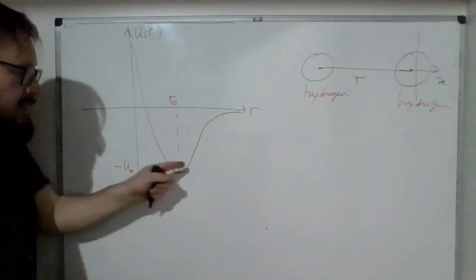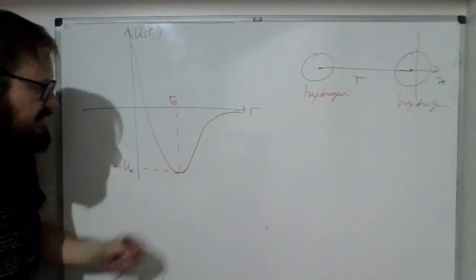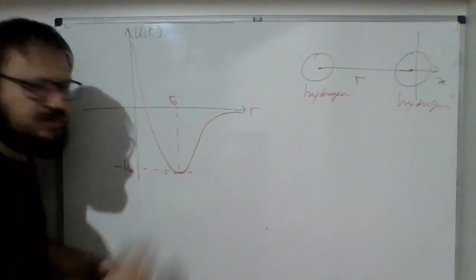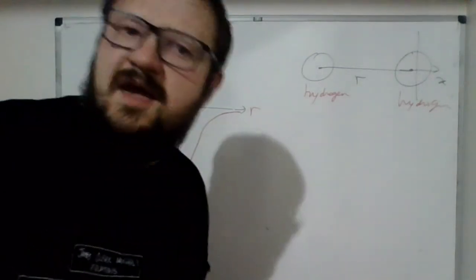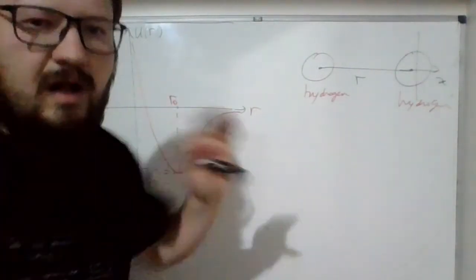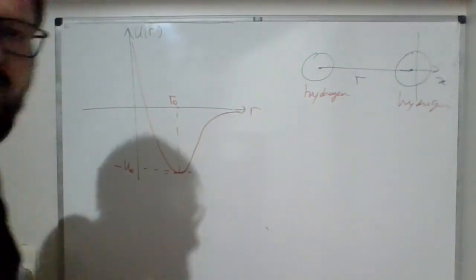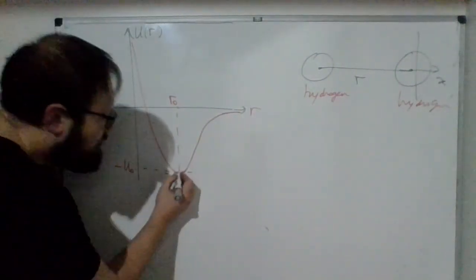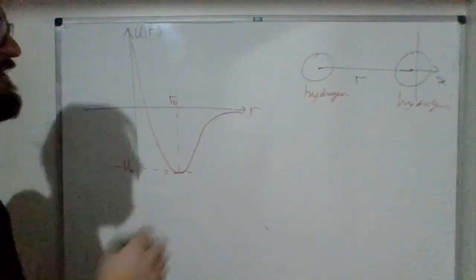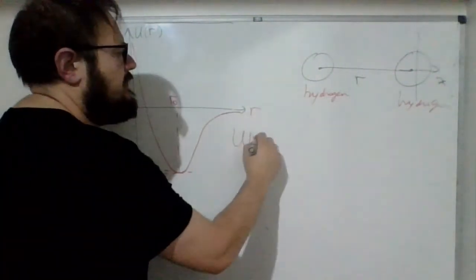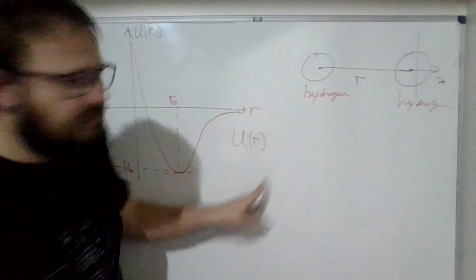But this is a minimum of energy, and for any function which is well behaved, which is smooth, near the minimum you can expand the potential in a Taylor series around that point.